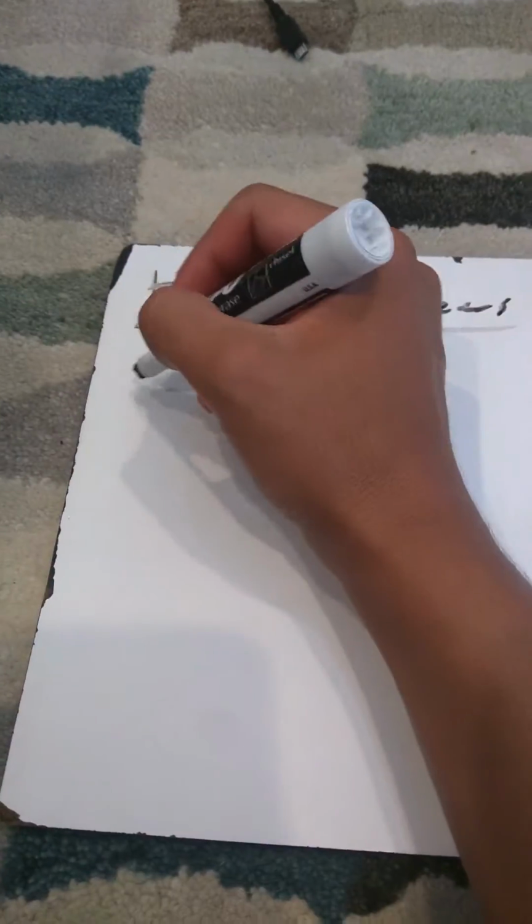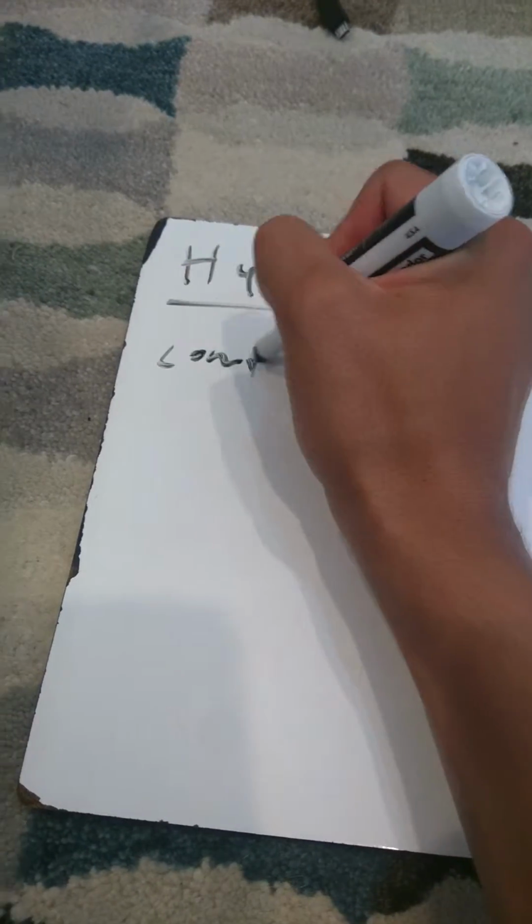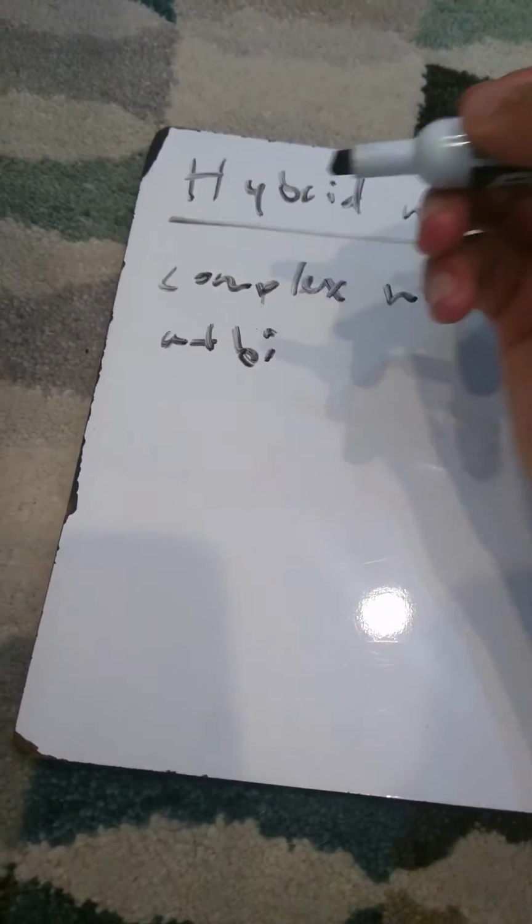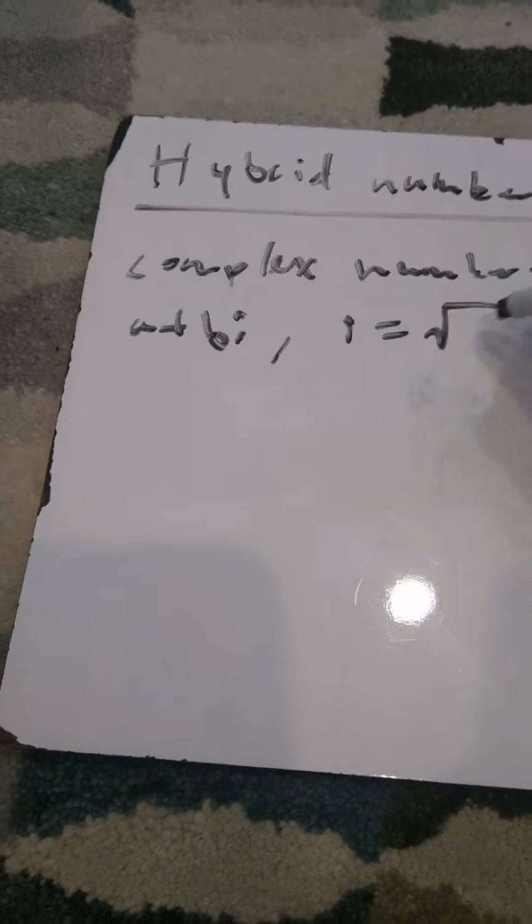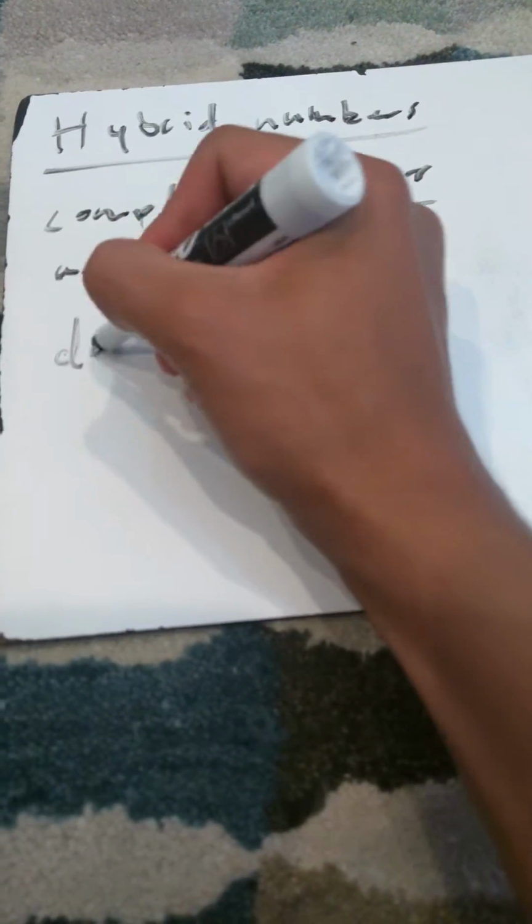You might already know about the complex numbers, numbers of the form a plus bi, where i is the square root of -1. And you may also be familiar with even number systems beyond that, like dual numbers.